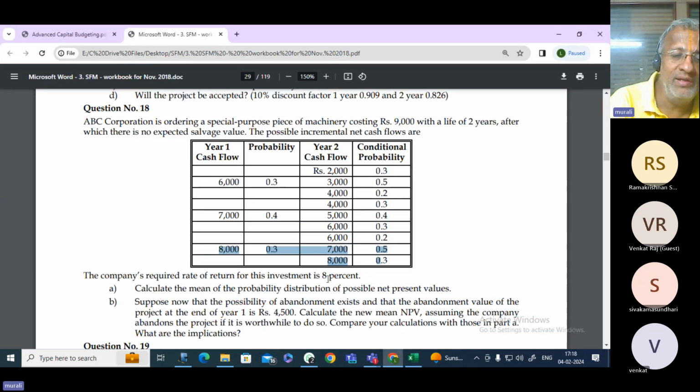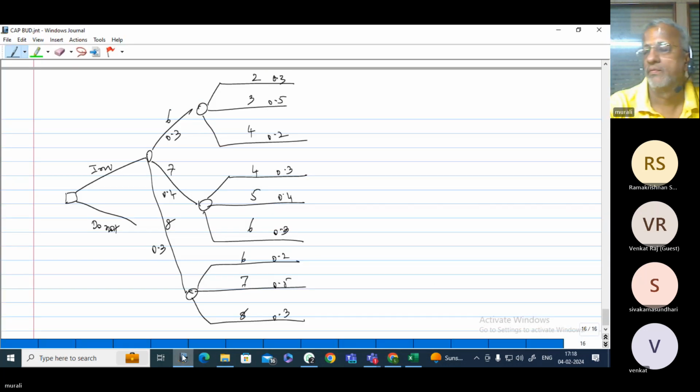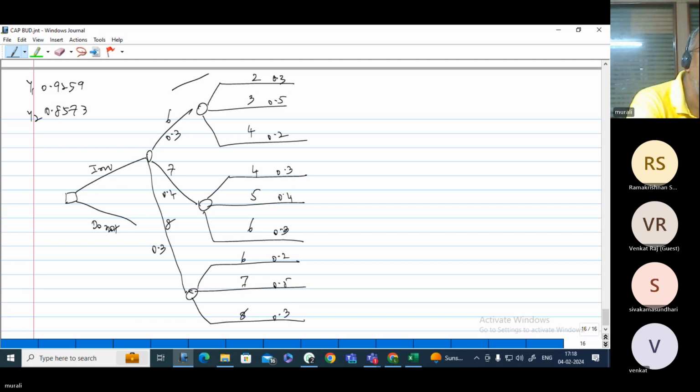And the cost of capital is only 8%. 1 divided by 1.08. So year number 1, it is 0.9259. For year number 2, it is 0.8573. Correct? Now, what I would like to do, just closely follow and watch. Here I will run it this way.